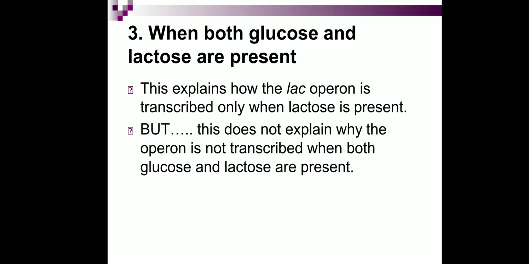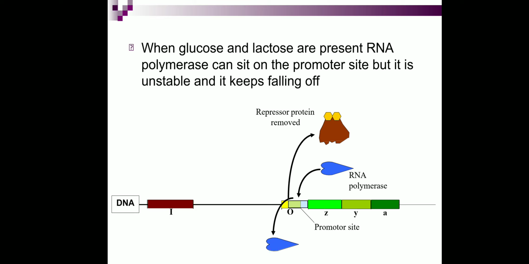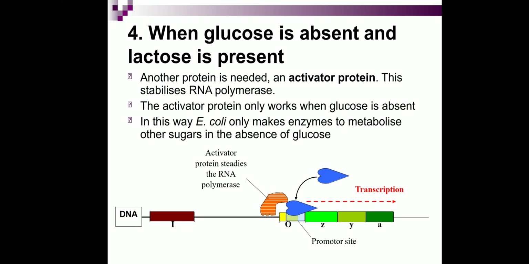When both glucose and lactose are present, what will happen? This explains how the operon is transcribed only when lactose is present. But this does not explain why the operon is not transcribed when both glucose and lactose are present. RNA polymerase can sit on the promoter, but it is unstable and keeps falling off when glucose is present.